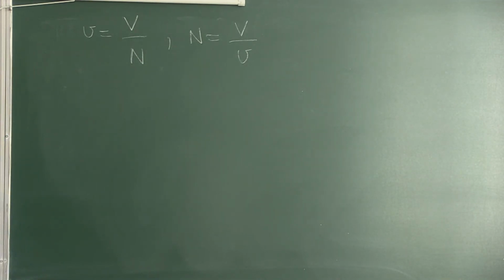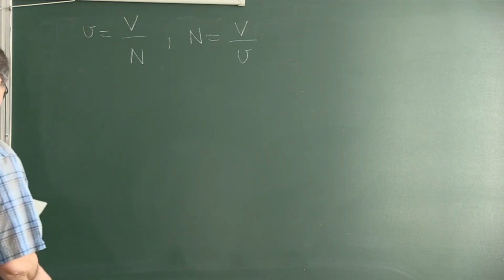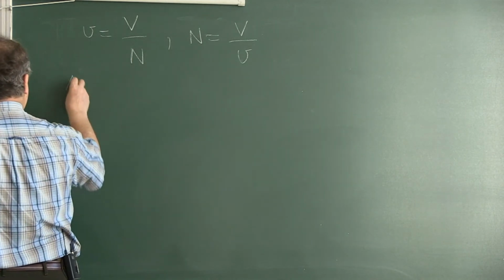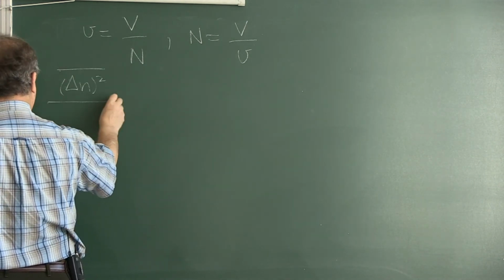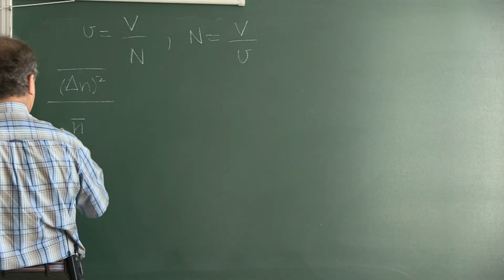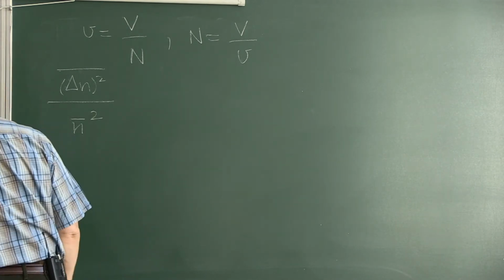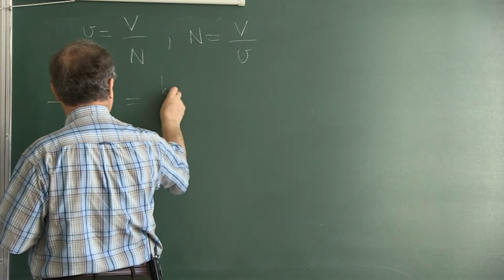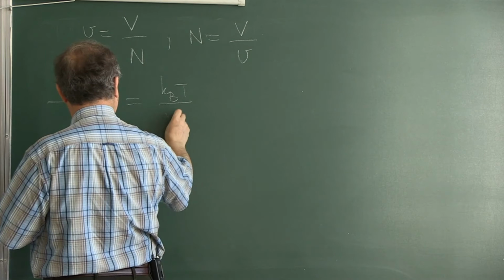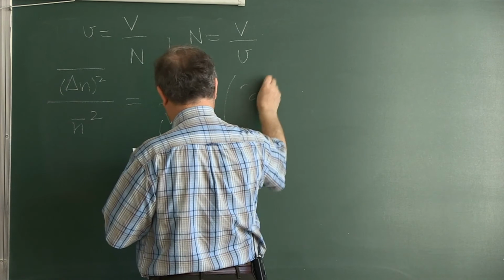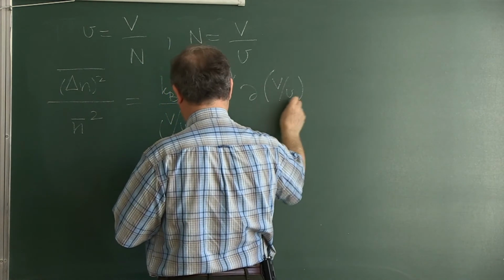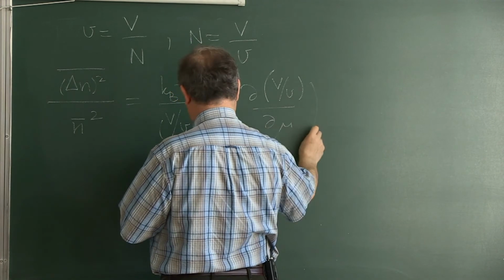N times small v is V, volume per particle times the number of particles is the total volume. So using this, we can get average delta n squared divided by average n squared is kBT divided by small v squared del small v del mu at T and V.